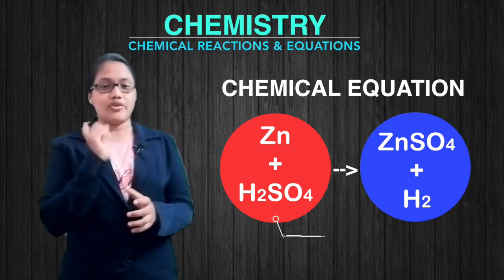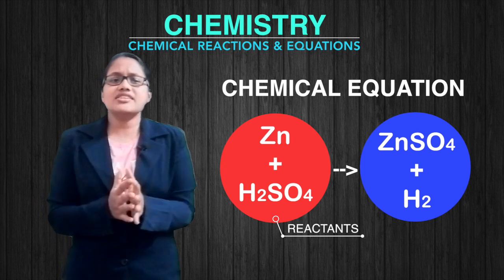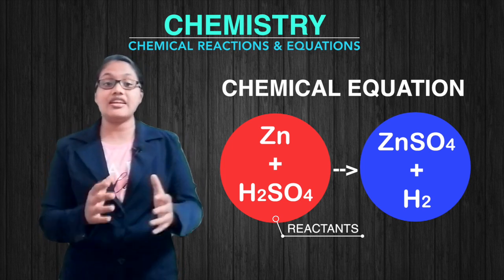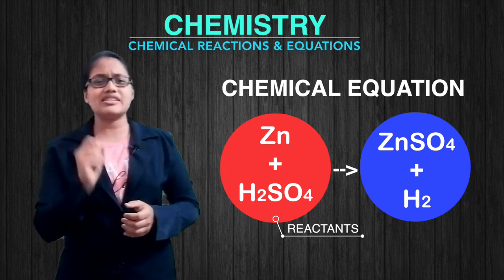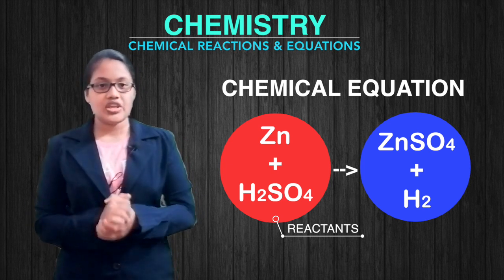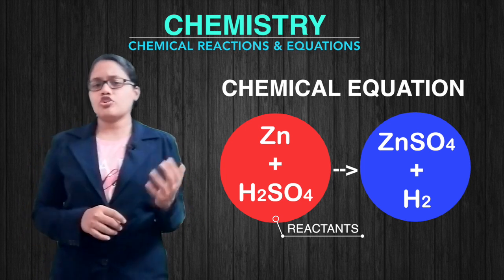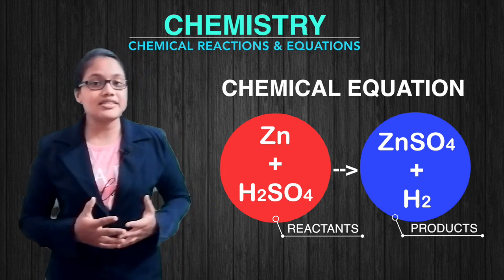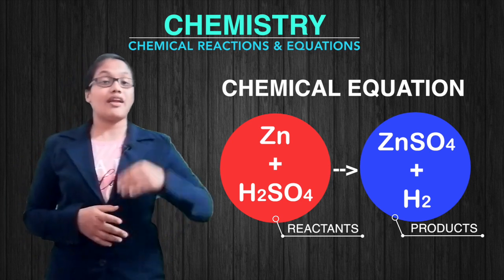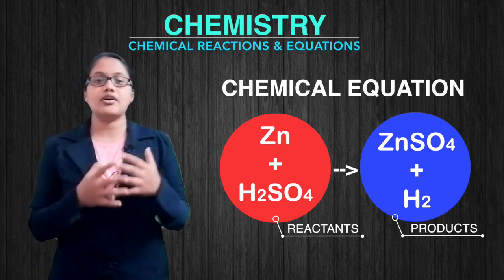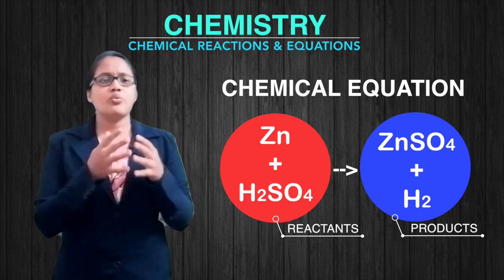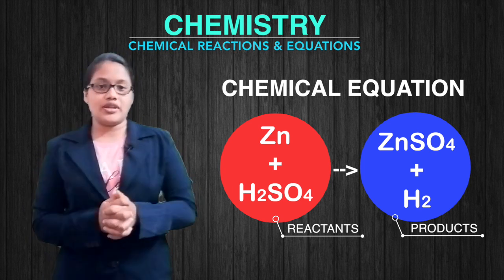So the substances which combine or react, they are known as reactants. The reactants are always written on the left hand side in an equation with a plus sign between them. So the new substances produced in a reaction are called products, and the products are always written on the right hand side of the arrow mark with a plus sign between them.